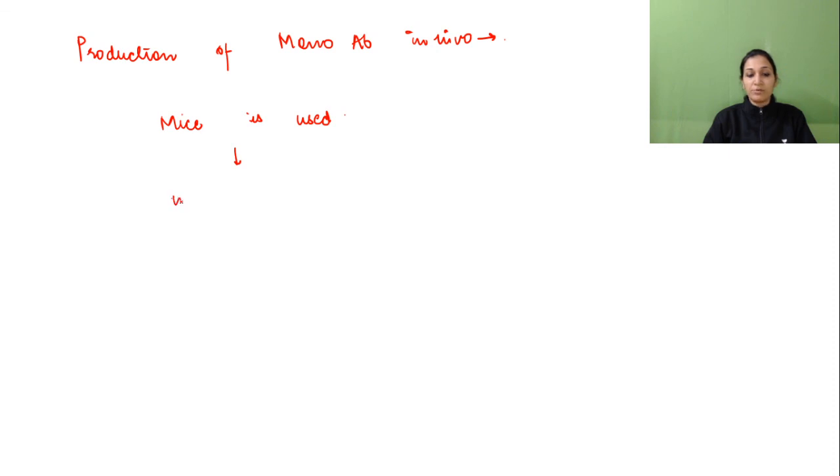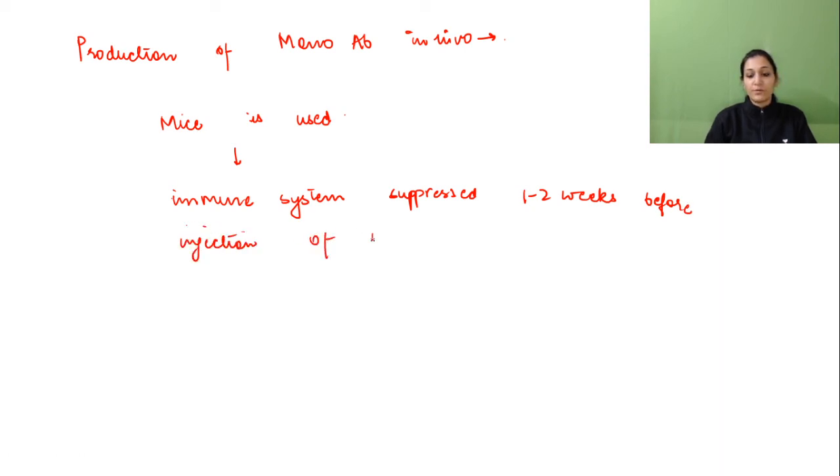So the immune system is suppressed 1 to 2 weeks before injection of hybridoma cells intraperitoneally.